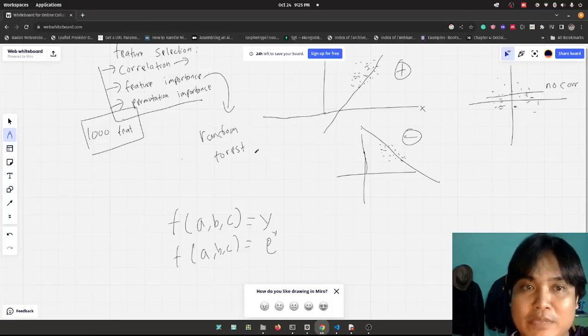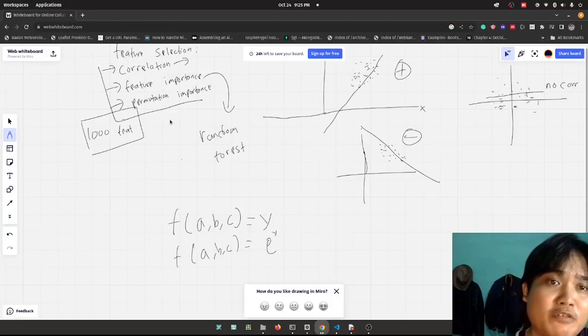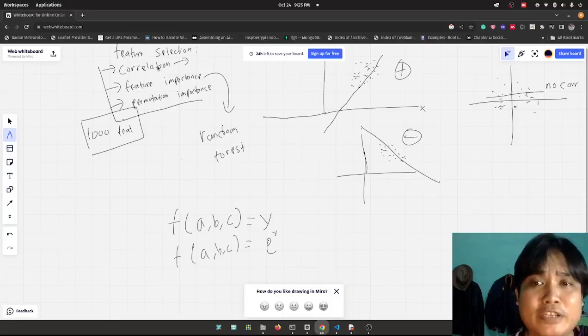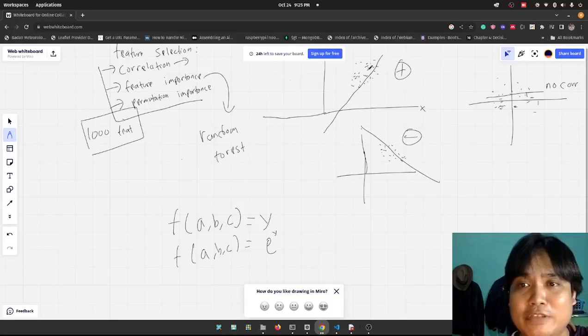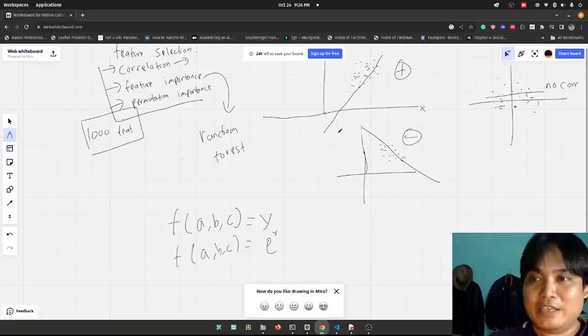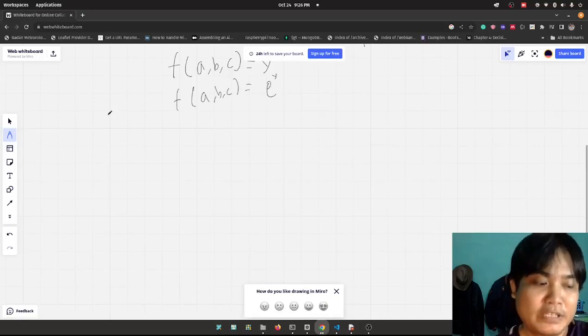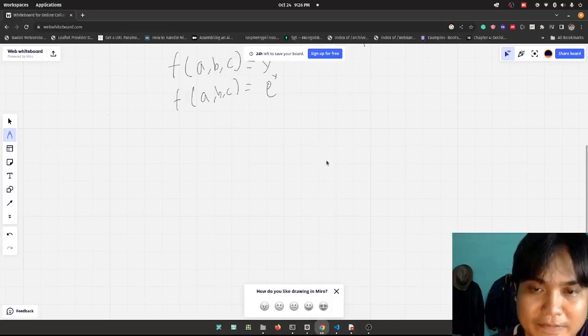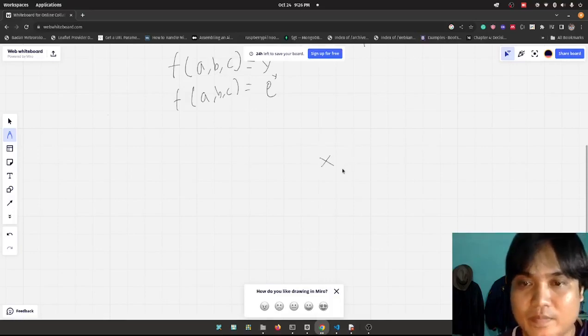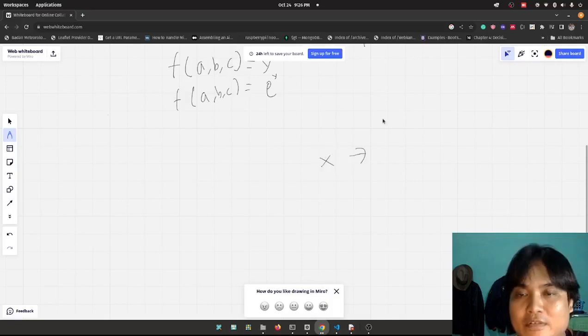Now you may ask why we don't just use correlation. Correlation is, I think, more intuitive. It's simpler and we can get much analysis from it, right? But it's not always the answer for complex data in the real world. For example, let's call this feature X. How is the relationship between this feature X and label Y?